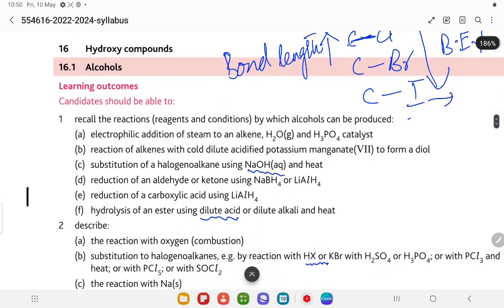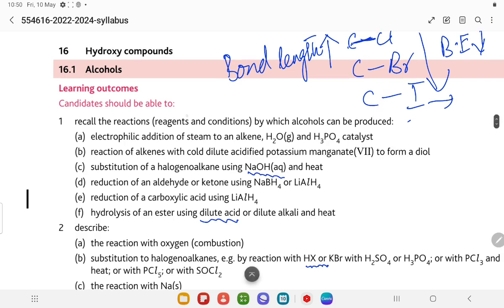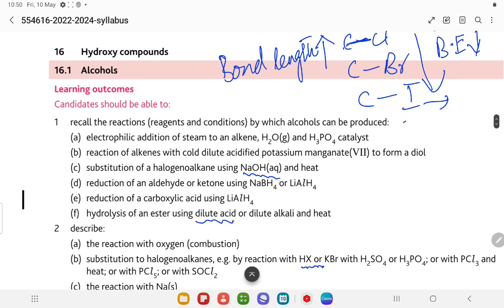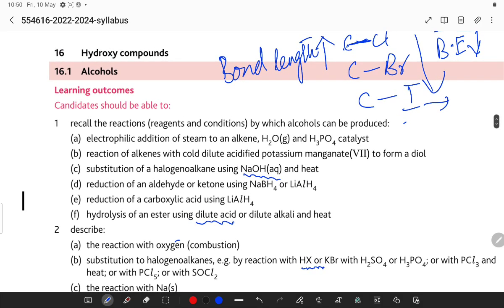So next is hydroxy compounds, alcohols. Learning outcome: candidates should be able to recall the reactions, reagents, and conditions by which alcohols can be produced. So these are the methods in which alcohols can be produced.